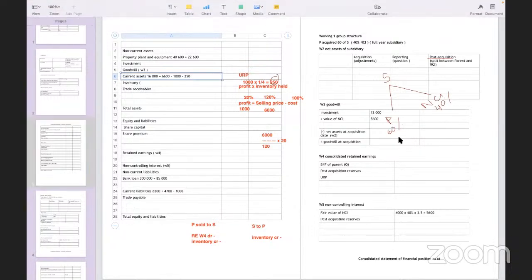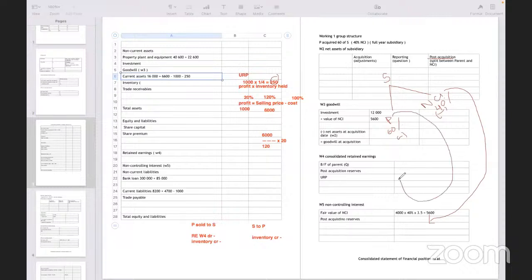So we should remove this profit from these areas. From the NCI working, 40% of the profit has to be removed, and from the parent area, 60%. The parent area means retained earnings, because the parent keeps profit in retained earnings.